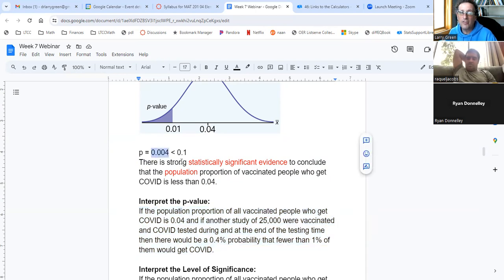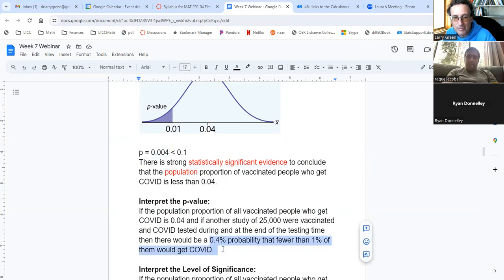Our p-value is 0.004. If you move the decimal places 2 places, that's 0.4%. So there'd be a 0.4% probability that fewer than 1%, because that right here is the percent that actually got COVID, fewer than 1% of them would get COVID.